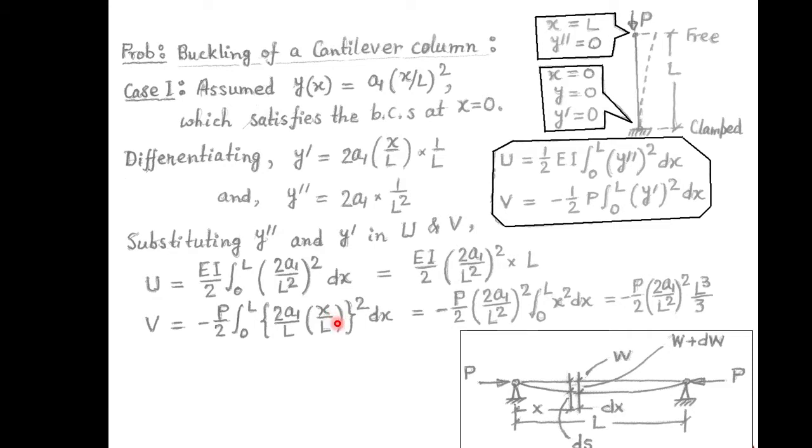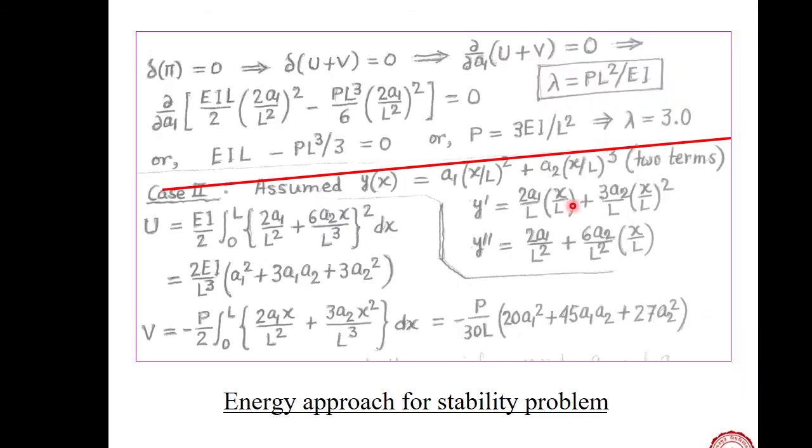So from here L cube by 3 will come. Okay, you understand. So this is u and this is v. This is what we are going to substitute in this equation.